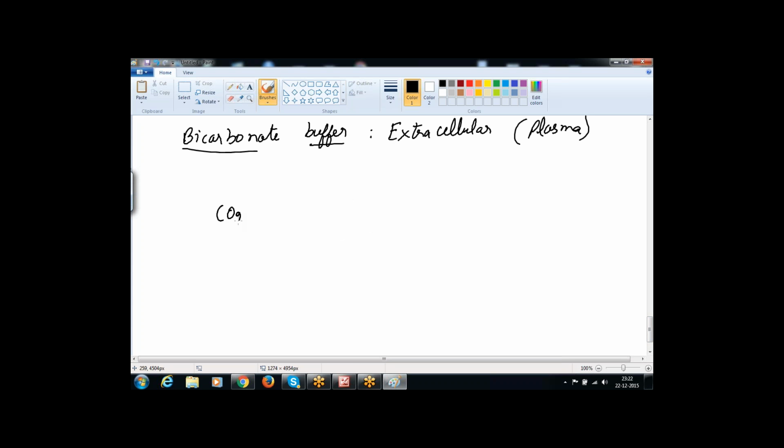Carbon dioxide, you know the carbon dioxide produced in metabolism, the one which we exhale, it combines with water of the blood to form carbonic acid. This is carbonic acid. But you know acids ionize in solution form.